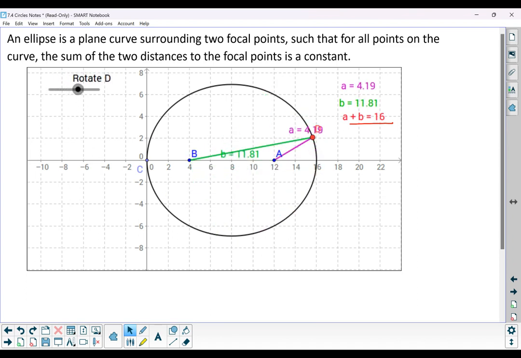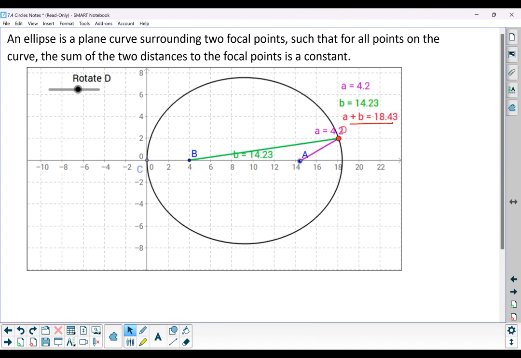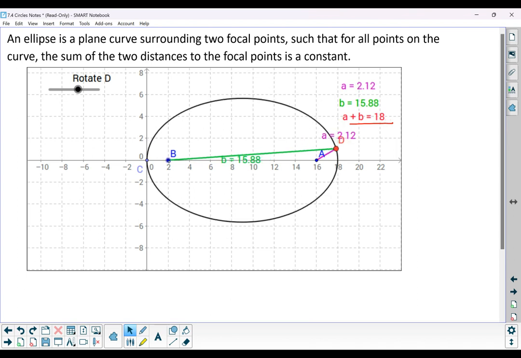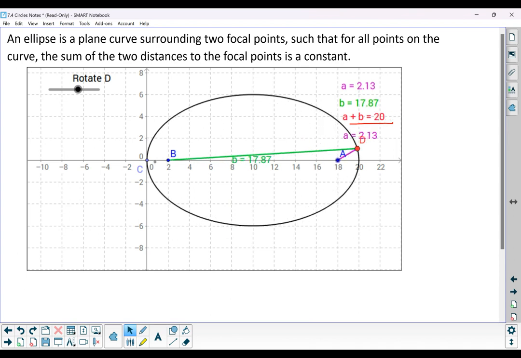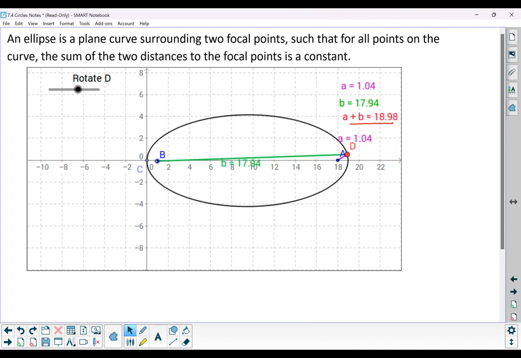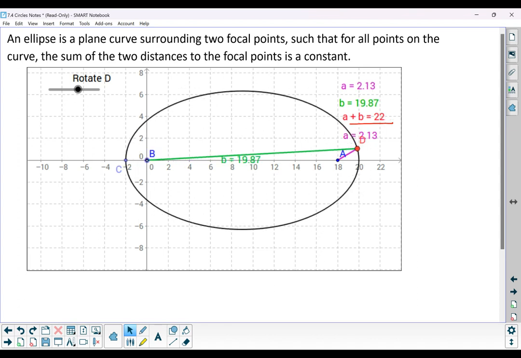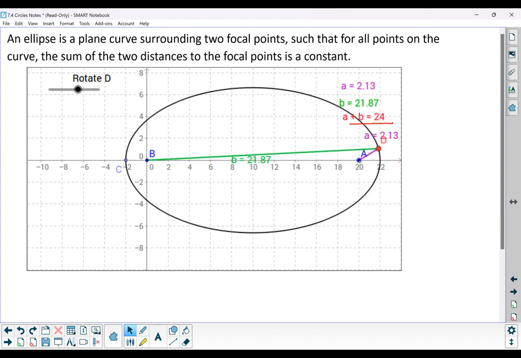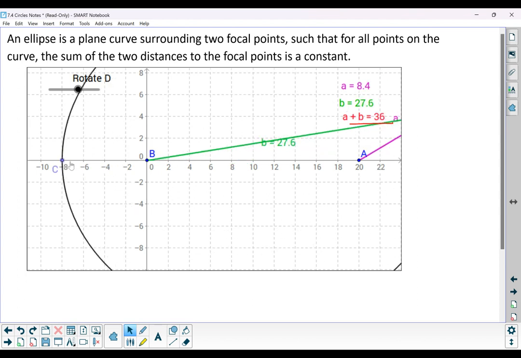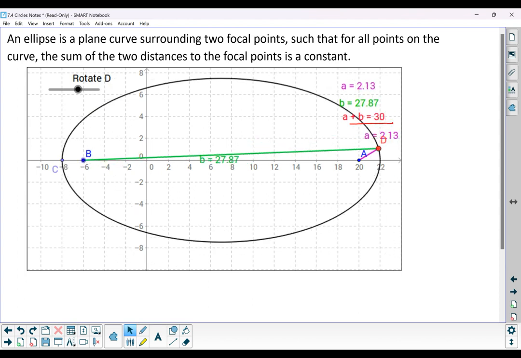And if I spread those focal points farther apart, the farther apart they are, the more eccentric the ellipse is. So I kind of have it almost too far over there. Hold on, give me a second.